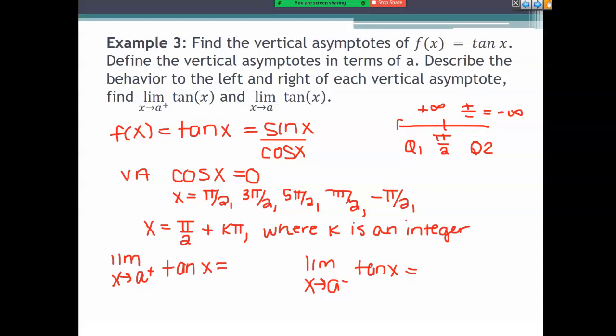So that means that as you approach pi halves from the left, which is quadrant 1, it's at positive infinity. And if you approach pi halves from the right, or quadrant 2, it's at negative infinity.